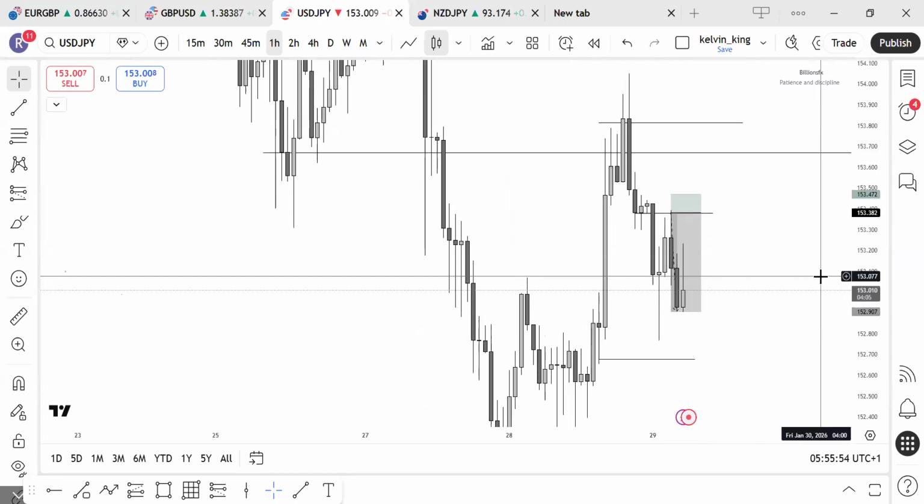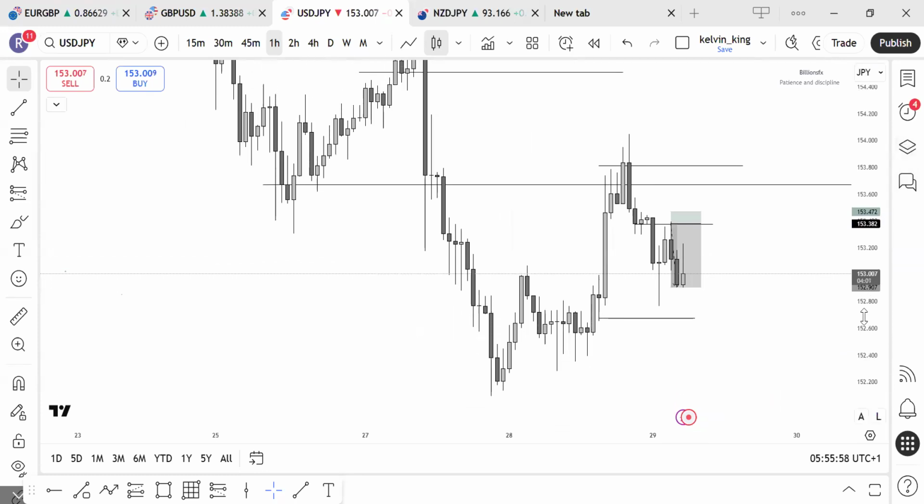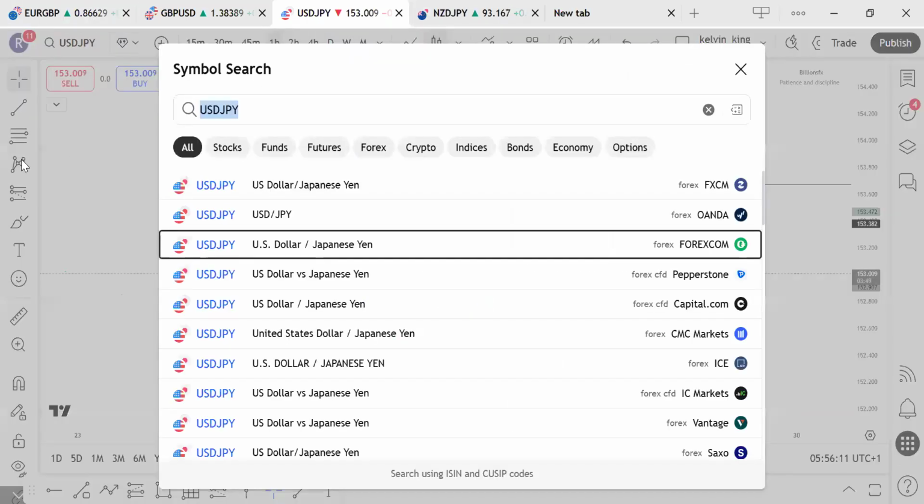Now, what I want you to pay attention to is the level with candle rejection. So now let's check the next one.